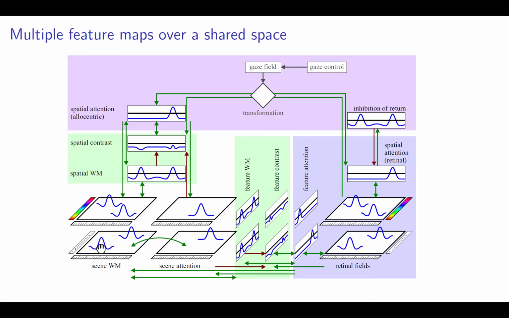So by having the same locations occupied by different features in these different fields, we can at least indirectly retrieve, for instance, an orientation that is linked to a certain color by choosing its location first and then retrieving the other feature. That was in part also motivated by the idea that the spatial information also has to be transformed, which in itself is a difficult process that requires high-dimensional fields. And so separating that out and transforming it separately made a lot of sense to us.